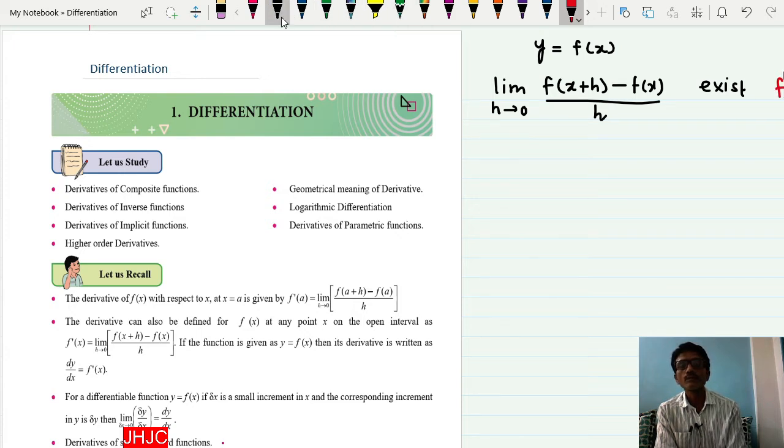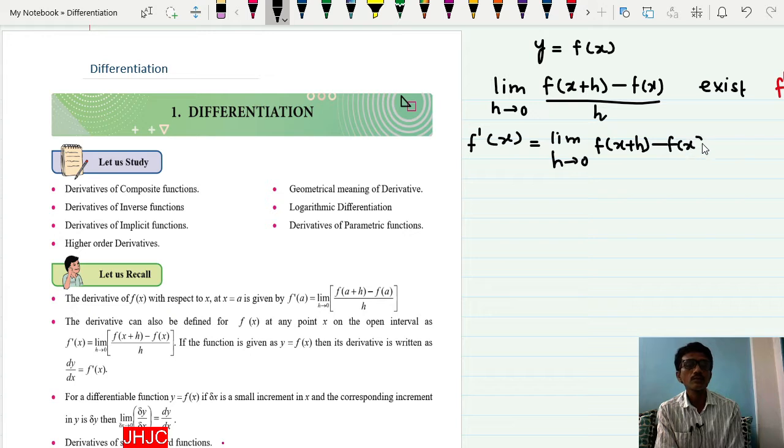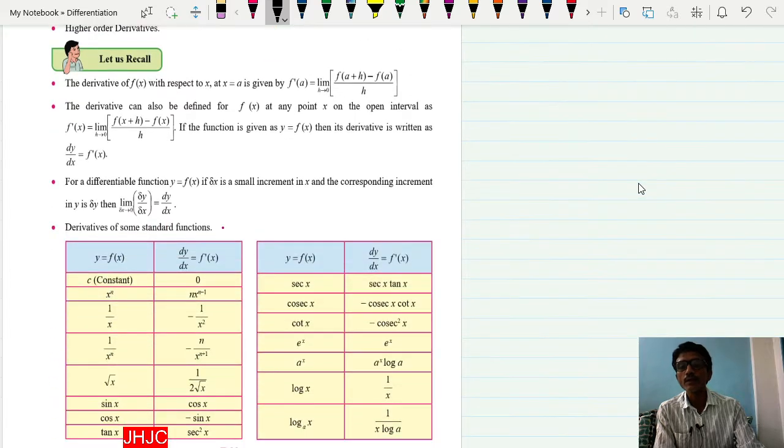That means f dash of x, that is derivative of function with respect to x, is equal to limit h tends to 0, f x plus h minus f x upon h. Here this is what? Derivative of the function with respect to x.